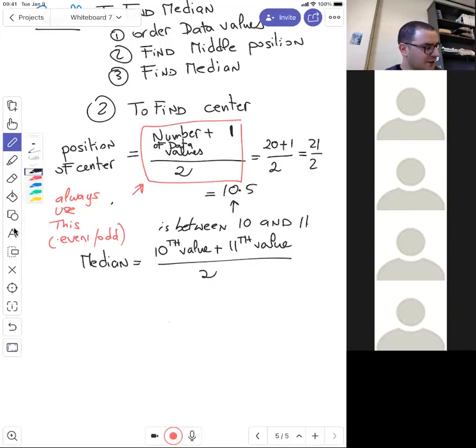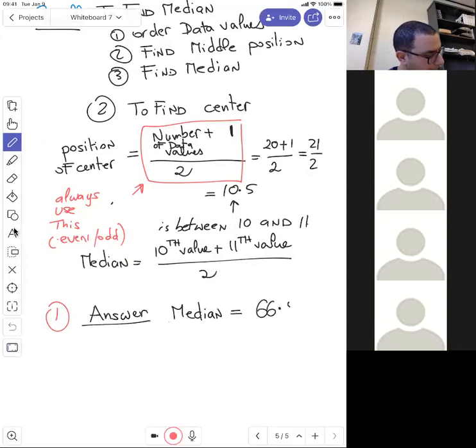So the answer for the median should be 66.5. If you didn't get the 66.5, guys, and you have trouble with the median, please let me know.